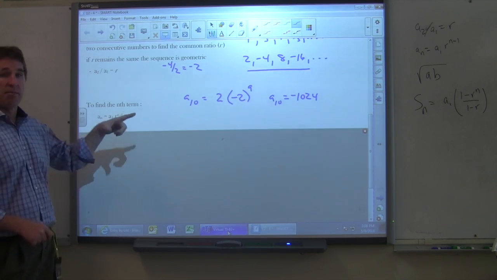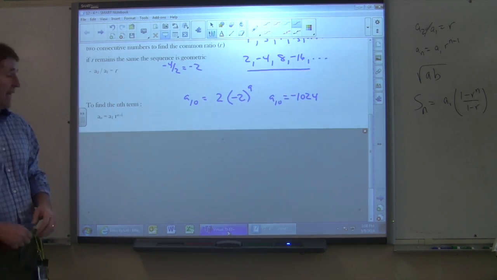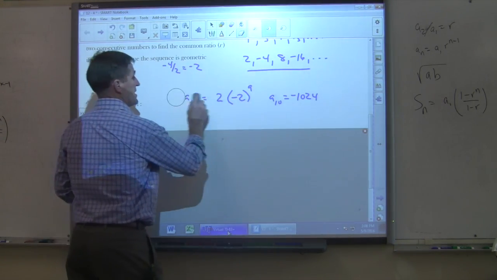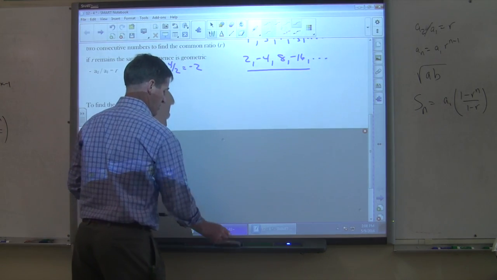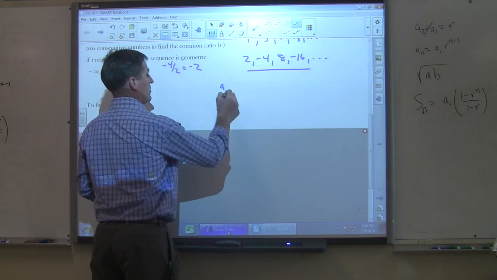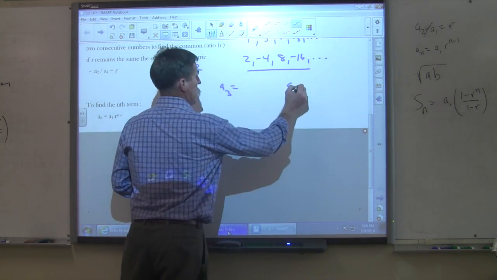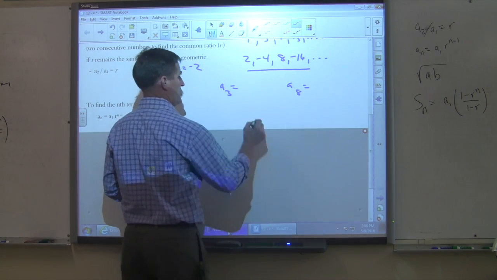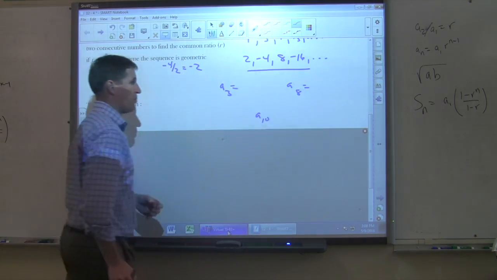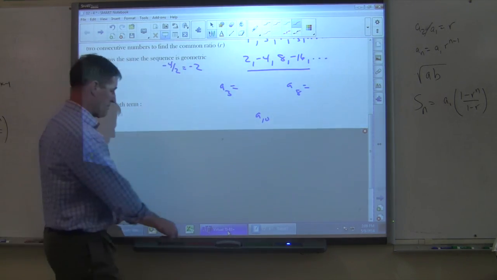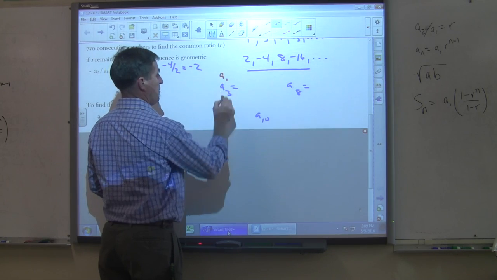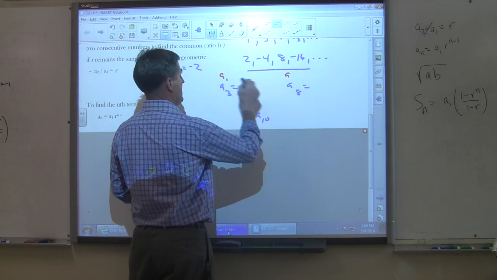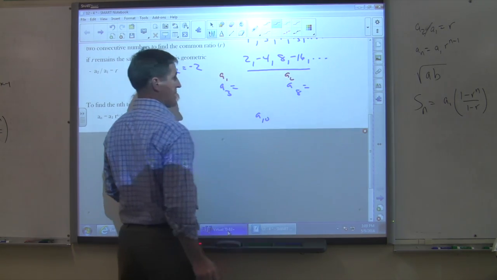So we're doing the same thing as we did on the last assignment. You could also have the same thing where they skip numbers. Like they could tell you a sub 3 is some number, and a sub 8 is another number, and then ask you to find a sub 10. Well, remember, we do the same thing. We just make this our a sub 1, and this then, because I would add 5 to this, I'd add 5 to that, that would be a sub 6.